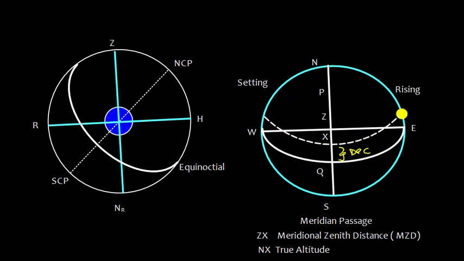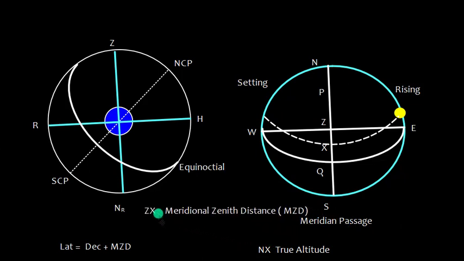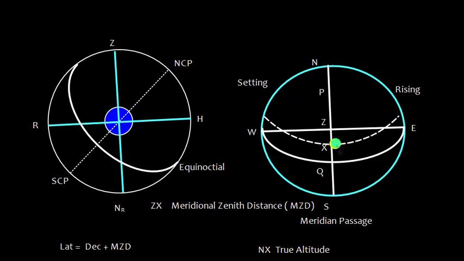So, now coming back to this, if we see carefully, this Z to X is meridional zenith distance. And when the sun passes over the X, that is called meridian passage or culmination.